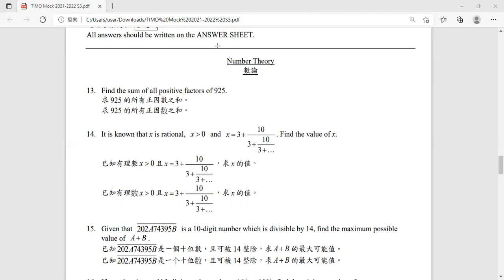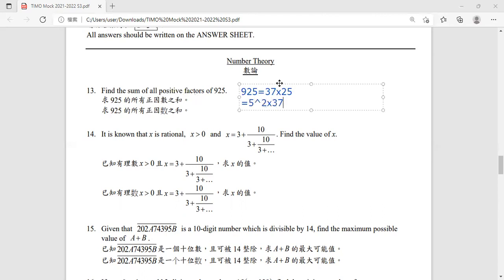Okay, now we start to solve it. 9 to 5 is actually equal to 37 times 25, which means it's equal to 5 squared times 37.